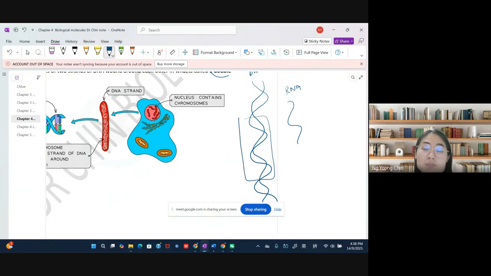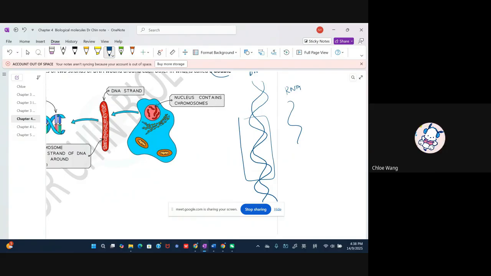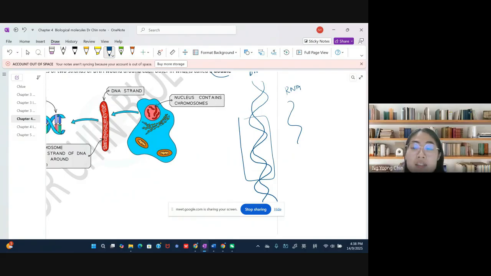So maybe this region, right, the DNA, they will unwind or uncoil. They will open up. So they will cause this RNA to copy their base sequence, correct? Yeah. So you produce what kind of RNA? Messenger RNA. You produce this mRNA, messenger RNA. So this messenger RNA is actually being produced by the enzyme inside the nucleus.